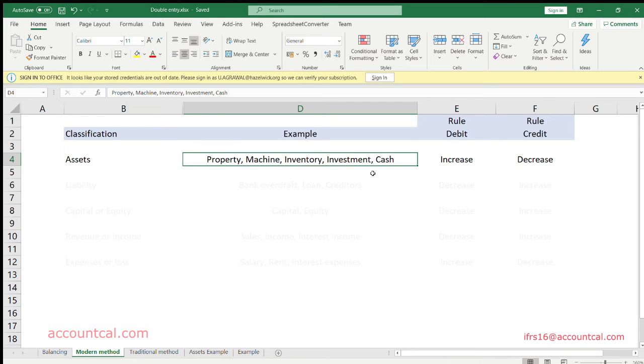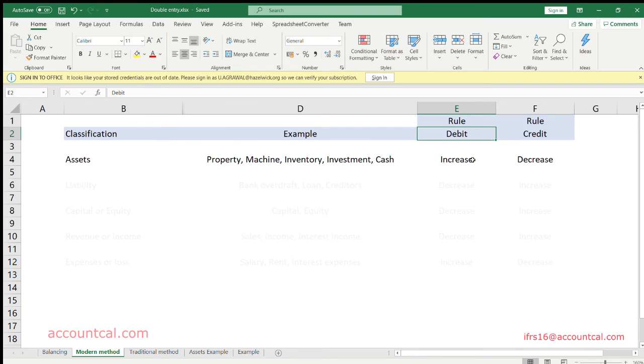So in double entry rules, if any asset increases, then you debit that asset. If any asset decreases, then you credit that asset. For example, if you receive cash of 1000, you debit cash by 1000 because it increases the cash.